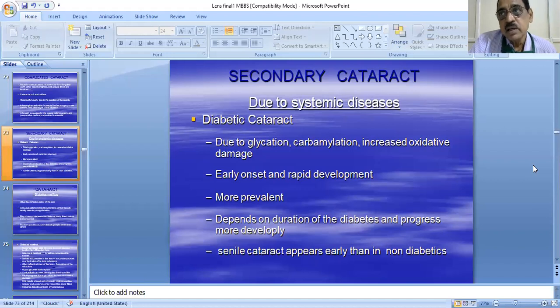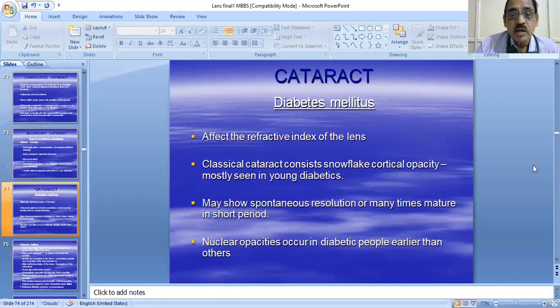An ill-managed diabetic will have an early onset of cataract formation when compared to people who have glycemic control. In diabetes mellitus, cataract formation affects the refractive index of the lens. And the classical cataract has an appearance of snowflakes and is mostly seen in young diabetics.